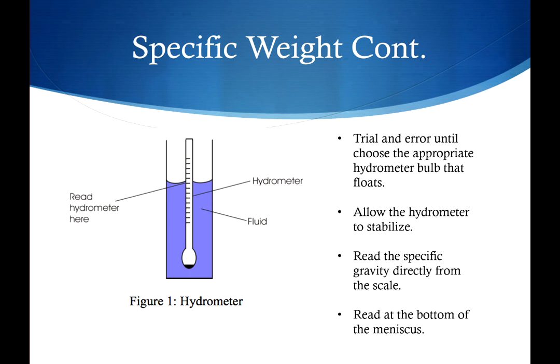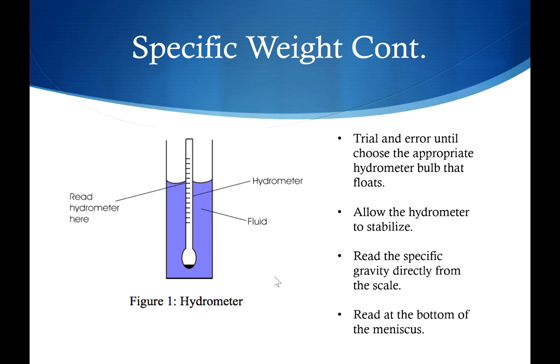For the specific gravity experiment, we will need a hydrometer, which is this instrument. We will need a cylinder and the fluid. The first step is trial and error until we choose the appropriate hydrometer bulb that floats. I will show you the hydrometer in the experiment videos.